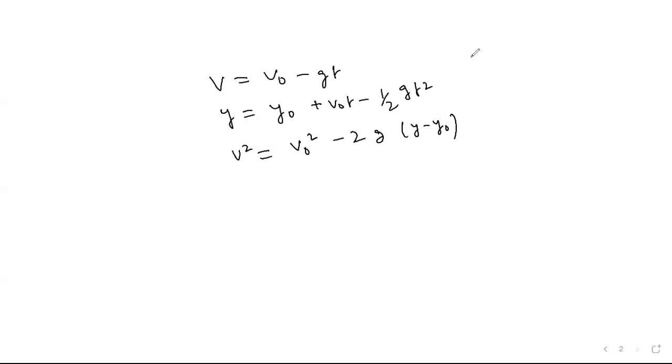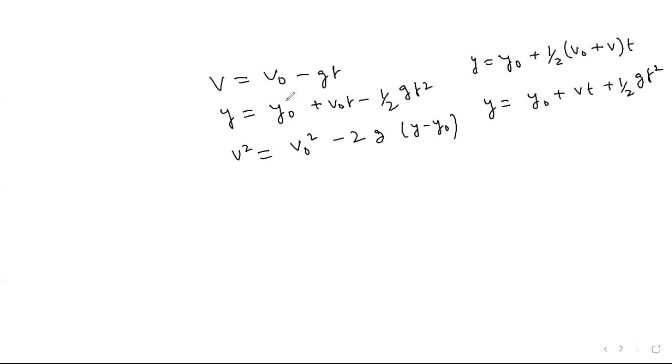And y is equal to y naught plus half v naught plus v times t. And another one, y is equal to y naught plus vt plus half gt square.